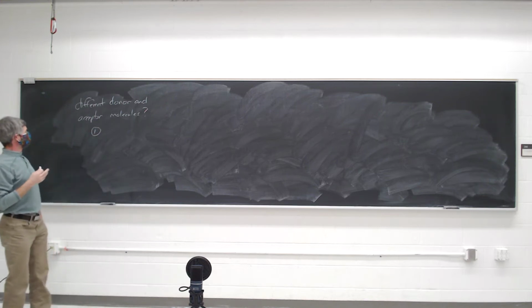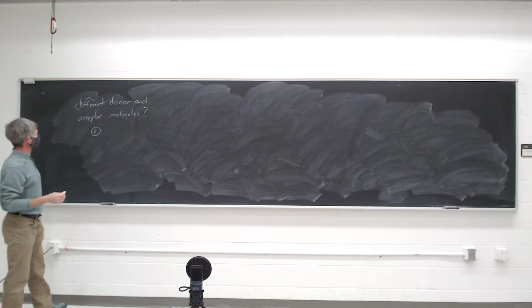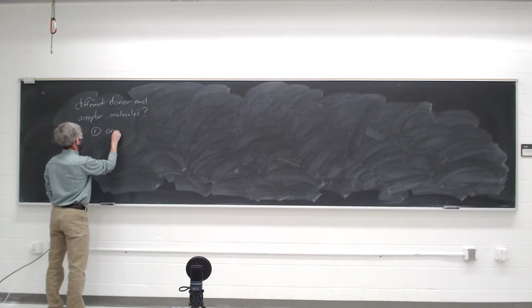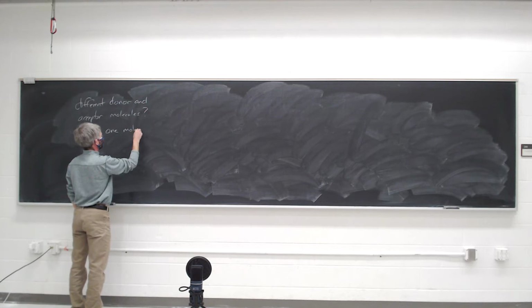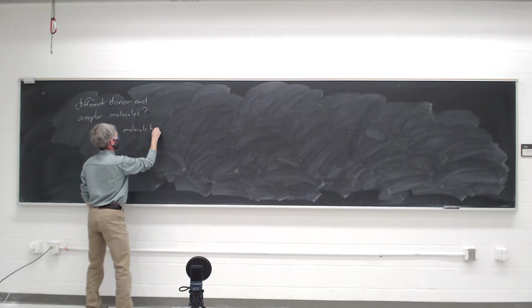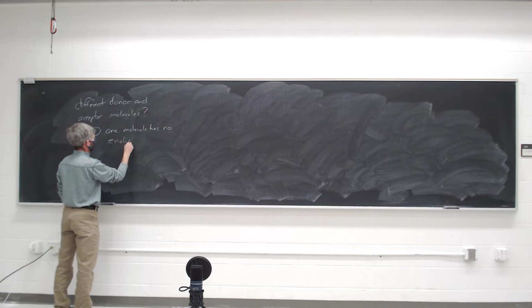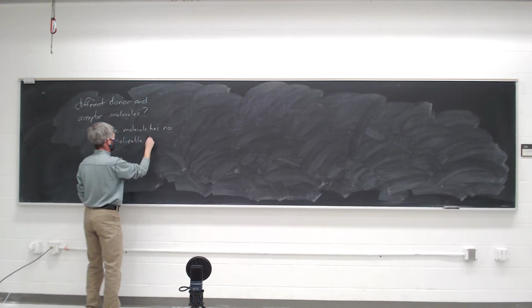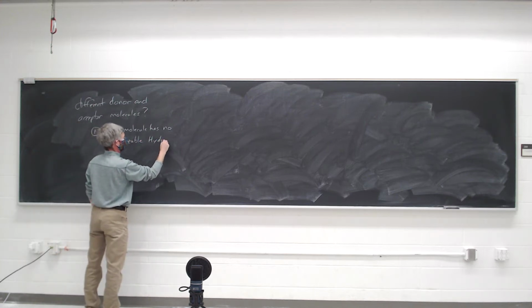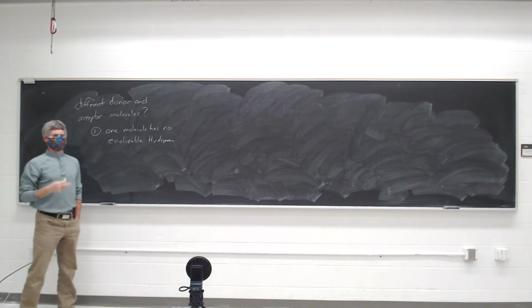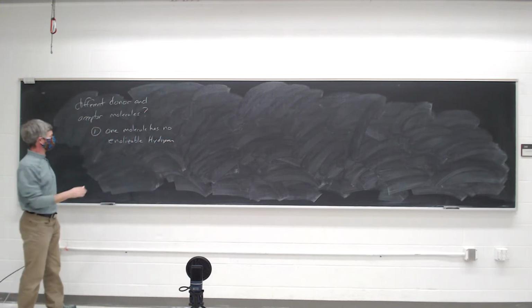One of the conditions where you can have different donor and acceptor molecules is when one molecule has no enolizable hydrogen, and thus can't act as a donor.